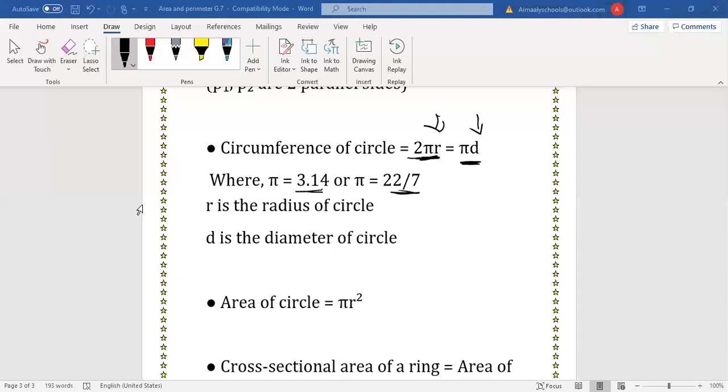In the same way, you can find b, c, and d. But in questions c and d, it gave me the lengths of the diameters, not the radius. So we can use pi multiply d. So question c will be pi multiply 9.2, and d will be pi multiply 0.5.